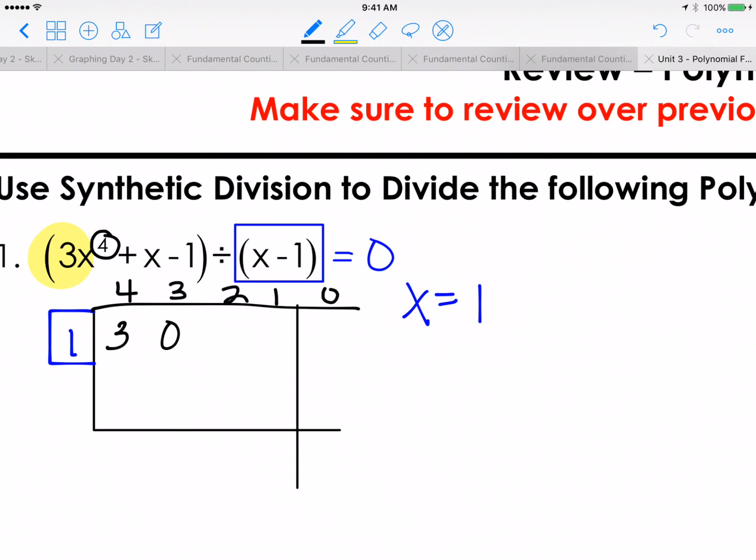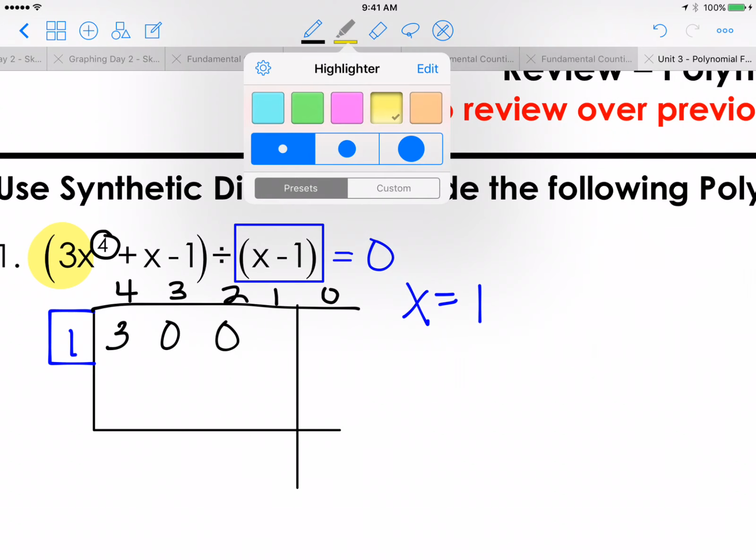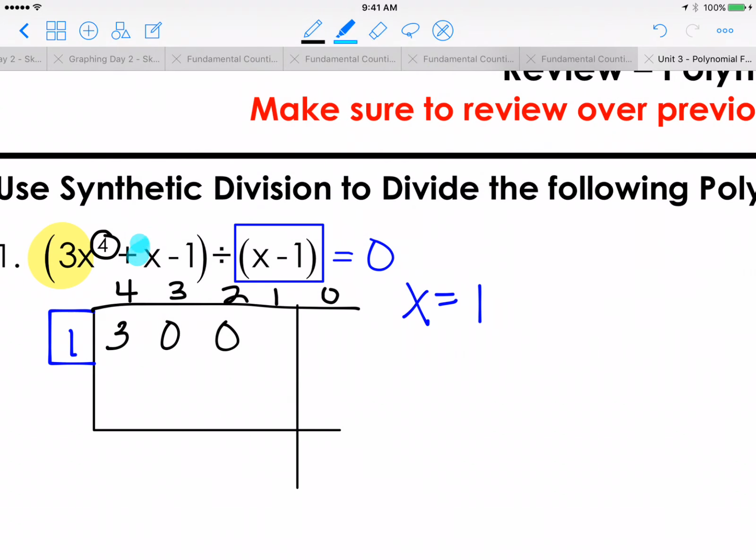There is no x squared, so you have to put a 0. Then find the coefficient of x to the first, which is right here, and that's an understood 1. And then what is your constant? Your constant goes under the 0 and you get a negative 1.